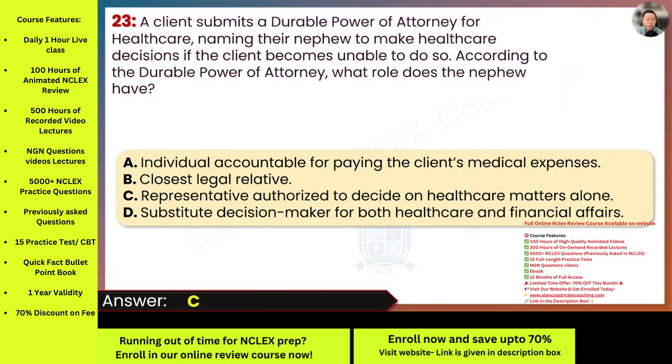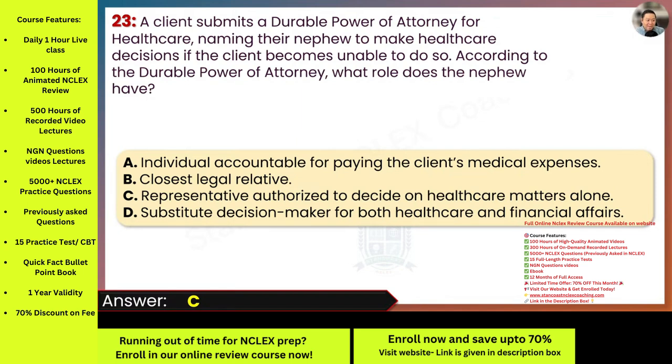Well, it's because the durable power of attorney for healthcare is a legal document that allows a client to choose someone, called a healthcare proxy, to make healthcare decisions if they become unable to do so. And this role only applies to healthcare decisions. It does not cover financial responsibilities or make the proxy the closest legal relative. And so that is our best option.